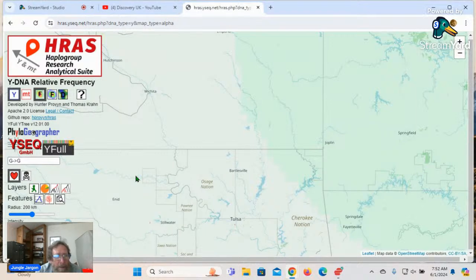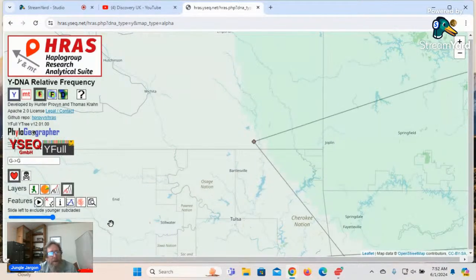So we'll go ahead and see if we can get the lineages going with the G in America. This same place, of course, and we'll see how old they are.